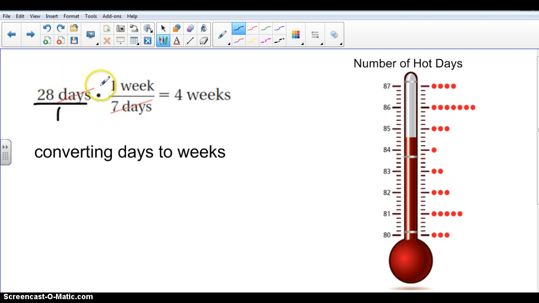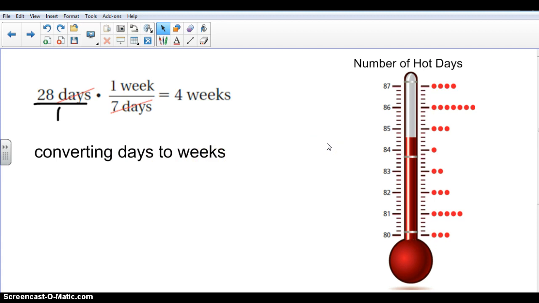So now again, I'm going diagonal, getting rid of days and days. Then all you're doing is 28 divided by 7 equals 4. The only label you have left is weeks. So you have 4 weeks. You converted days into weeks.